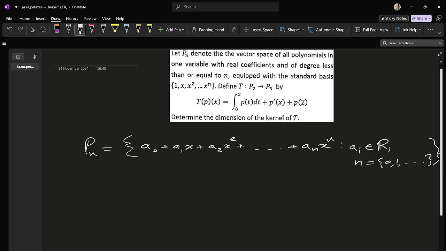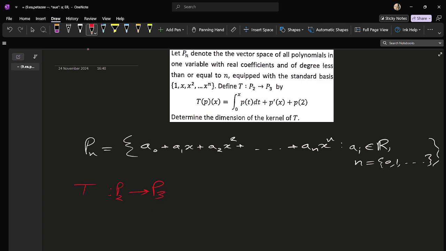This is my vector space, equipped with the standard basis 1, x, up to x to the power n, as we have written in our question in this form. Now they have defined a linear transformation T which goes from P2 to P3.